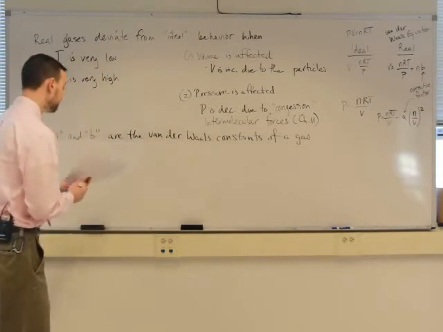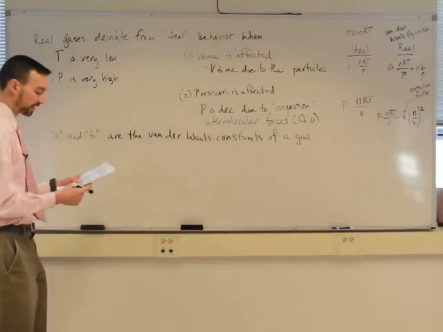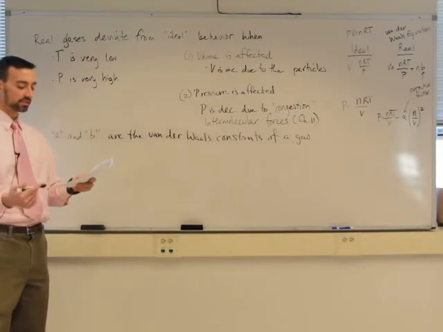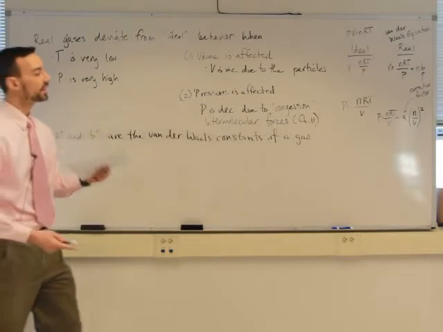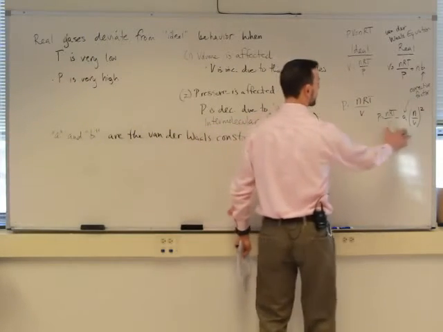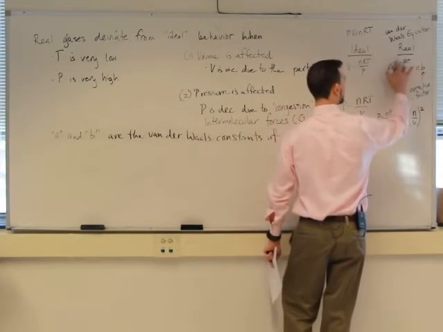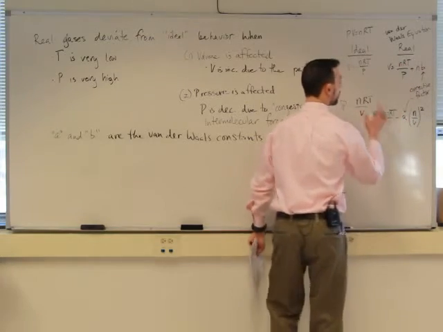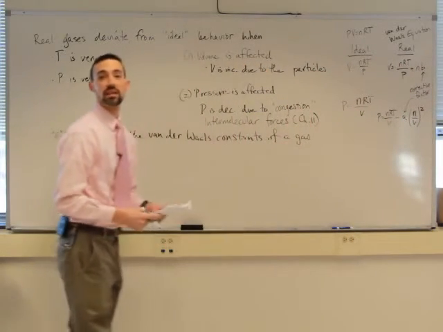Okay, so first, before we go too much further and get into the A and B, if we look at these two equations right here, all right, they both still contain this nRT factor that we would have.